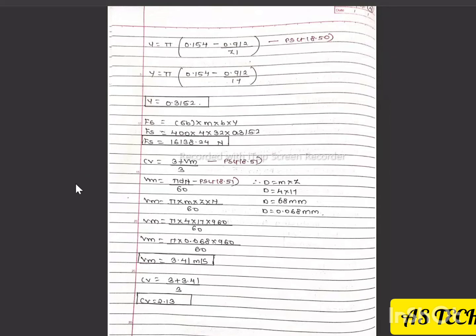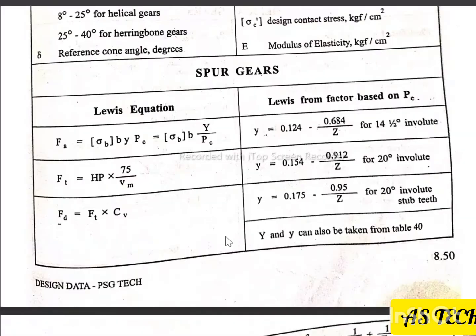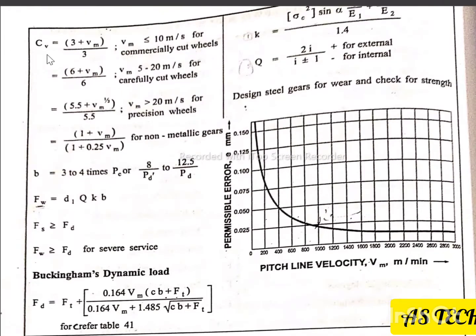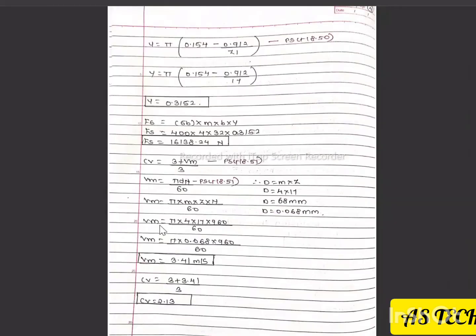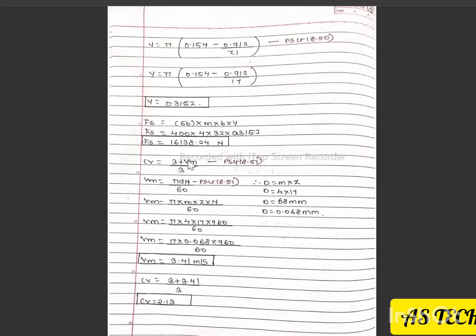Okay, so next one is Cv equals to 3 plus Vm upon 3. This formula is also in PSG 8.51. As we use commercially cut gears, Cv equals to 3 plus Vm upon 3. To calculate Vm equals to pi dn upon 60, we have to find the value of diameter.